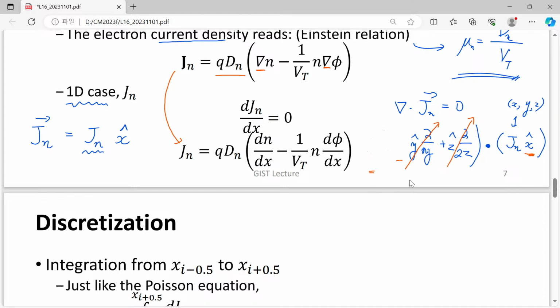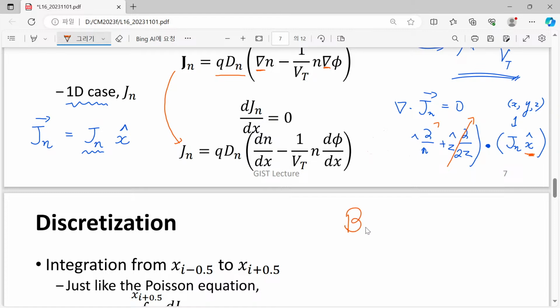So we have already seen many times about the box method.